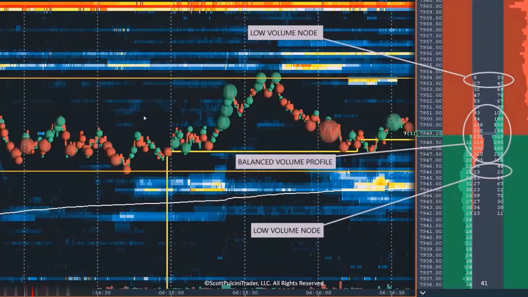So we know we're going to look for entries around this low volume node, possibly above the VWAP, a little bit into this liquidity that's forming over here, and the NQ action level around 45 and 46. When you take this trade, look to get back into the volume profile POC and above into the higher low volume node above.